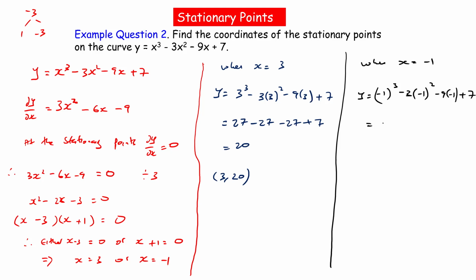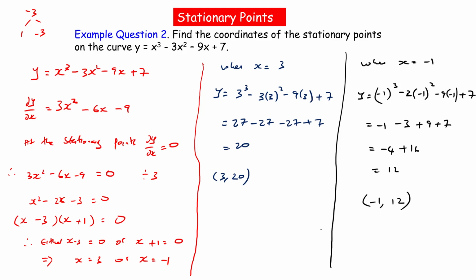So we have minus 1 minus 3 plus 9 plus 7. Just checking, negative. That's going to be negative as well. Okay, so we got minus 4 plus 16 equals 12. So our coordinates, in this instance, are minus 1 and 12.